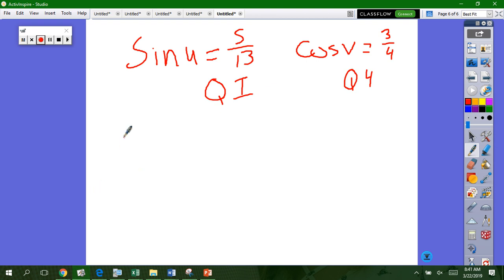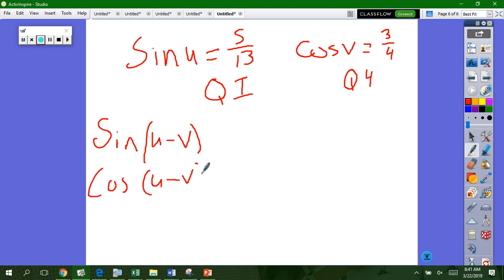I would like us to find sine of U minus V, cosine of U minus V, and tangent of U minus V.